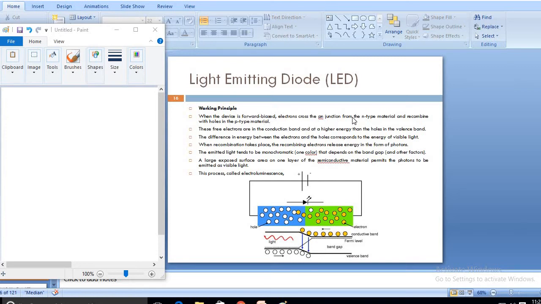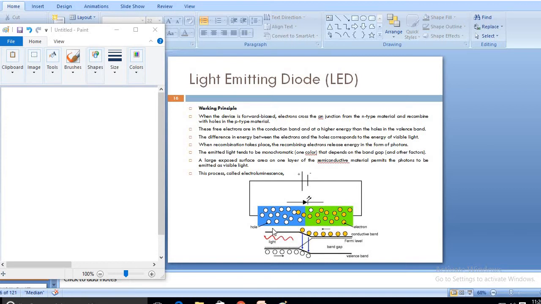Electrons cross the PN junction from the N type material and recombine with the holes of the P type material. This indicates that when it is in forward bias, when I apply the voltage to this PN junction, these electrons cross to the P type and recombine with the holes. These free electrons are in the conduction band.